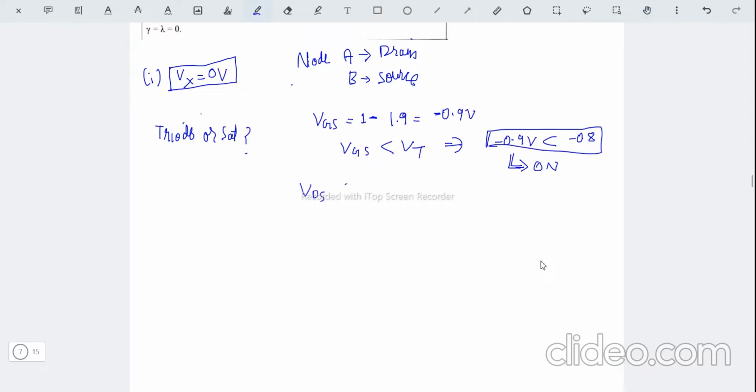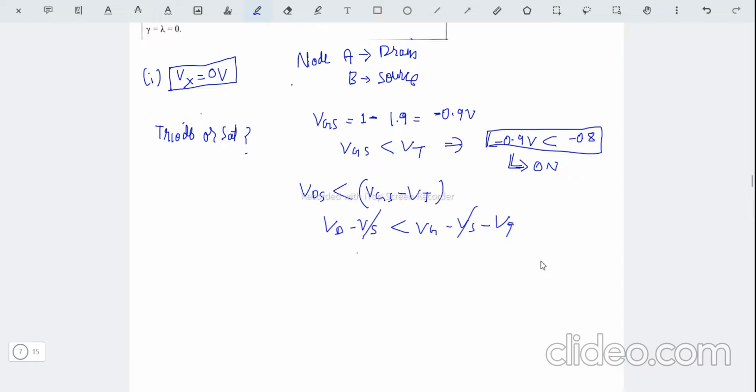For PMOS, in order to be in saturation, the condition is VDS should be less than VGS minus VT. So VDS is VD minus Vs and VGS is VG minus Vs. We can cancel the Vs on both sides.